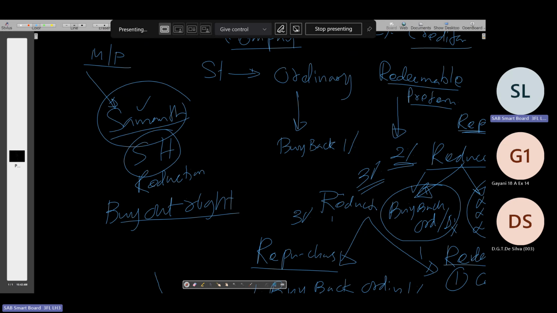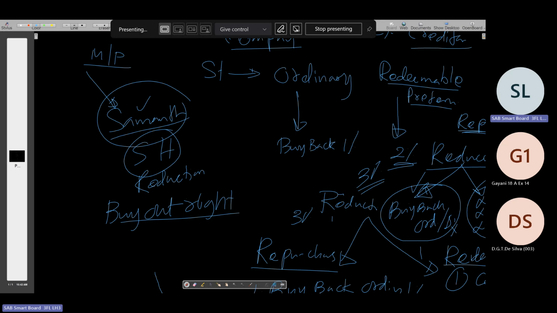If he opposes, he can apply to appoint a fit and proper person to determine the fair and reasonable price. So this person can require the company to purchase his shares. That is known as minority buyout.